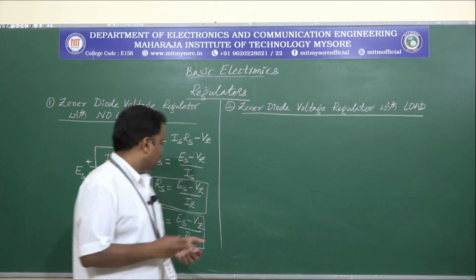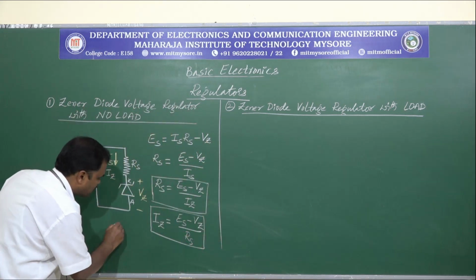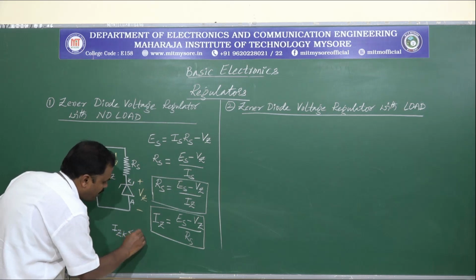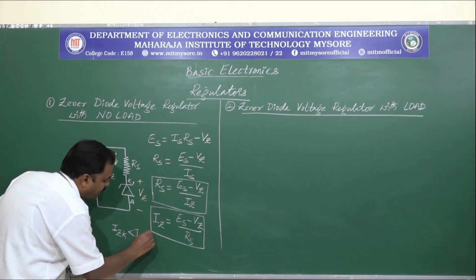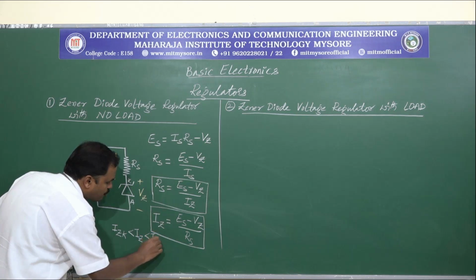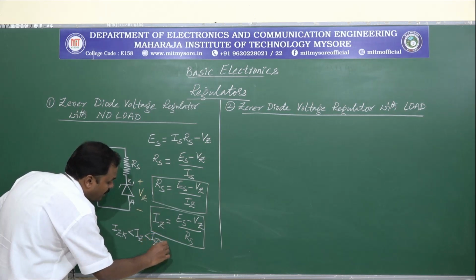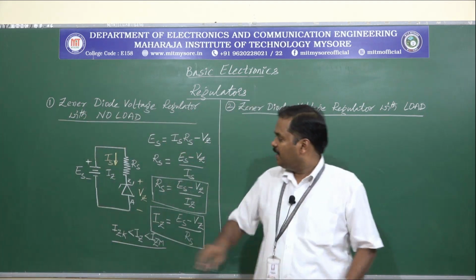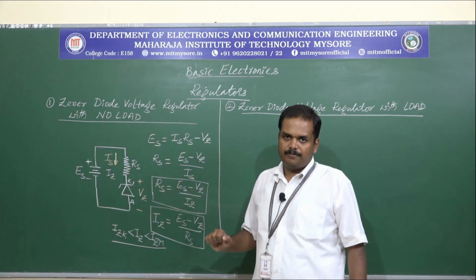So the RS value should be selected in such a way that IZK should be less than IZ and IZ should be less than IZM. So this is the design constraint we have in this particular circuit.